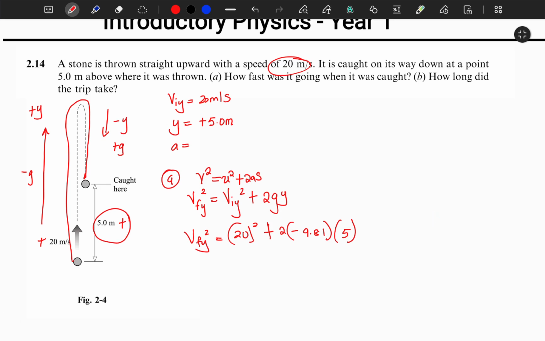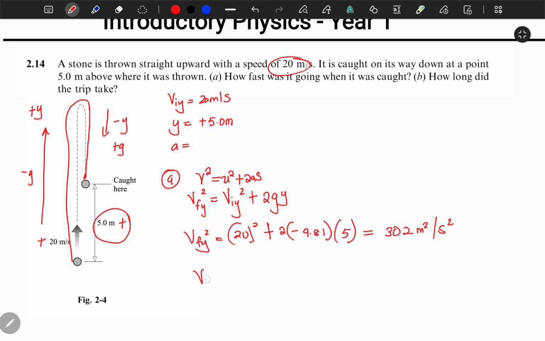Okay, so let's punch everything on the calculator. I'm getting 302, of course rounded off, meters squared per second squared. When you square everything here, you get meters squared per second squared.